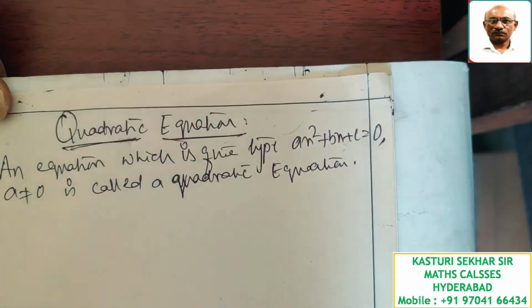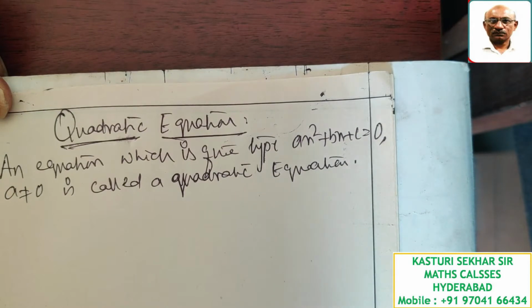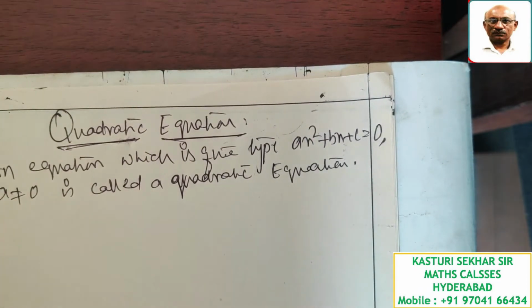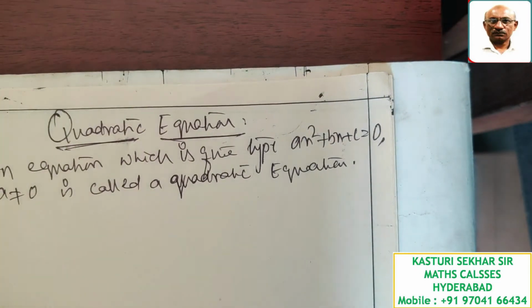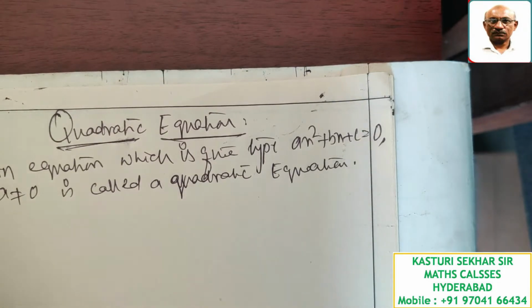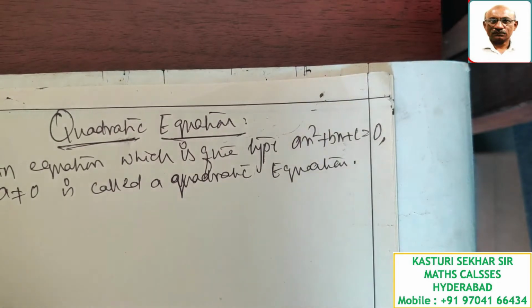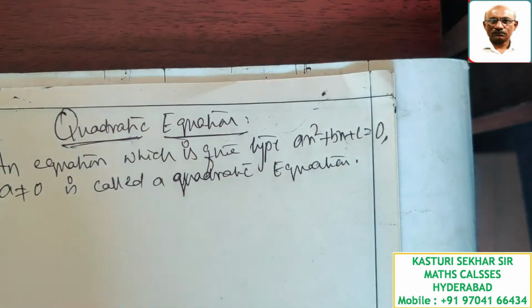Now, sir, when we have any equation in front of us, we will think about the solution for that equation. So how to find the solution to the given quadratic equation is the first point we have to discuss. That is, how many roots the given quadratic equation has.